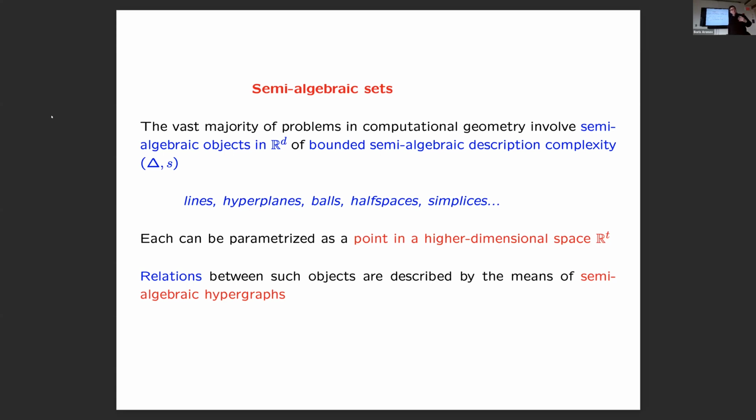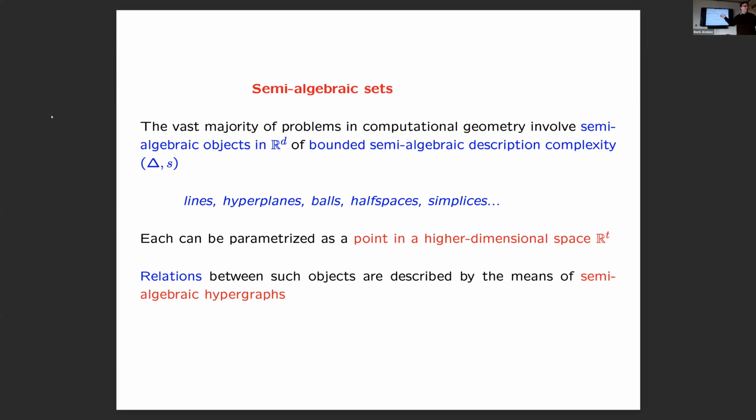And those who are a bit familiar with computational geometry and with the notion of duality: we can always map such semi-algebraic sets to points in a certain higher dimensional but fixed dimensional Euclidean space, as a rule, excluding maybe some peculiarities.